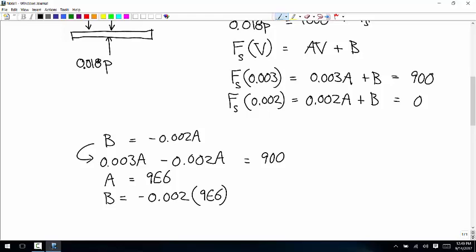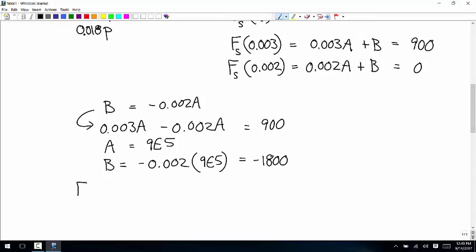So that's 18 times 10 to the 6, 0.8. Okay, so this is to the 5th, and then we get for B negative 1,800. So the spring force as a function of volume is 9 times 10 to the 5th times the volume minus 1,800.